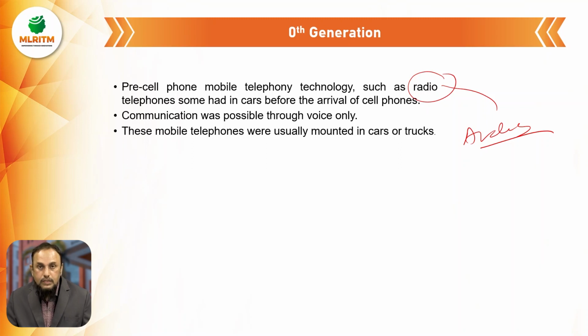Some were installed in cars before the arrival of the cell phone. These were pre-cellular phones, not cell phones and not smartphones. In the olden days we used these phones only for communication, and only voice was possible.